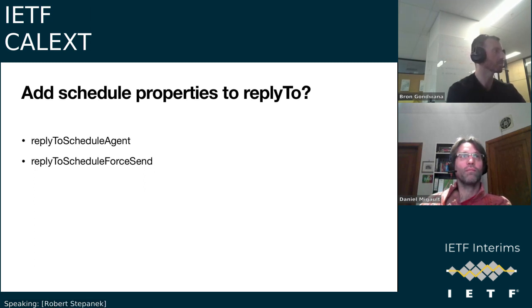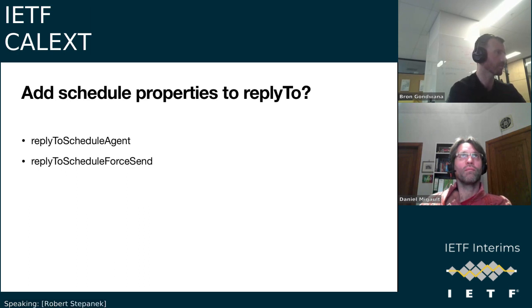And so the goal is that we publish a new RFC draft for next IETF. So Neil, I guess you will add the schedule ID to the JS Calendar BIS draft on GitHub then? Sure.